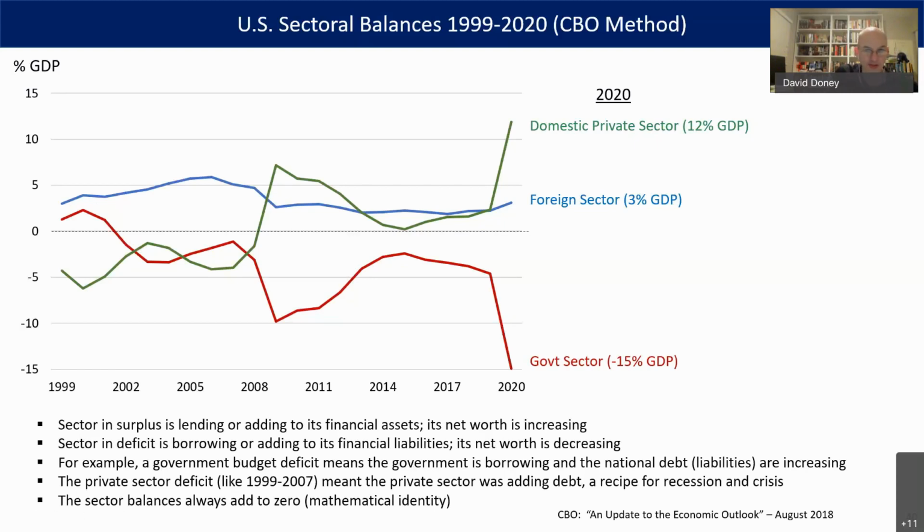We'll talk in a little bit about when President Trump decided he wanted to cut taxes and expand the government budget deficit, but also reduce that foreign sector surplus, meaning run a smaller trade deficit. Those goals were not compatible, meaning if the red line is going to move away from zero, the sum of your foreign sector and your domestic private sector, that blue and green line, have to offset. At least one of them has to move to offset it.